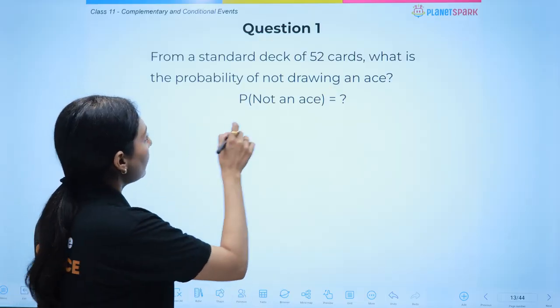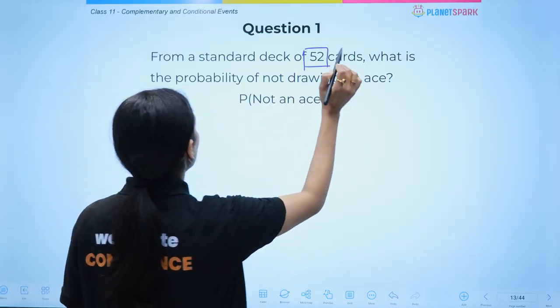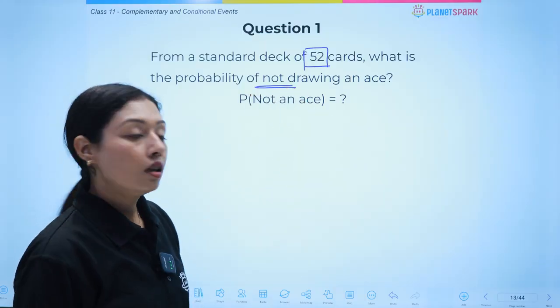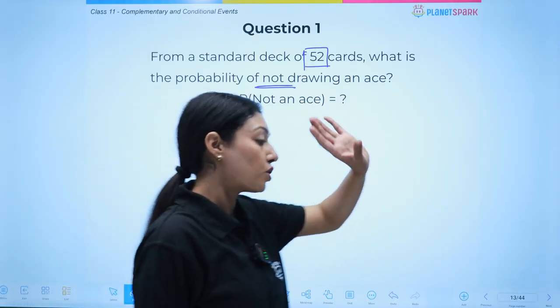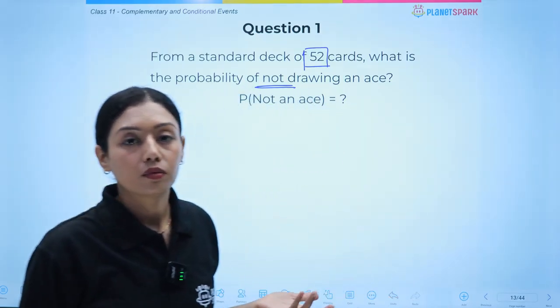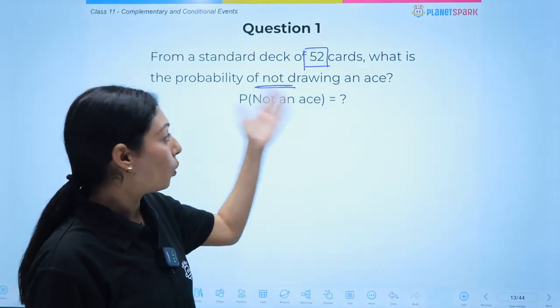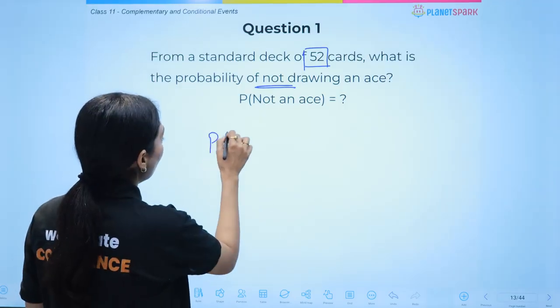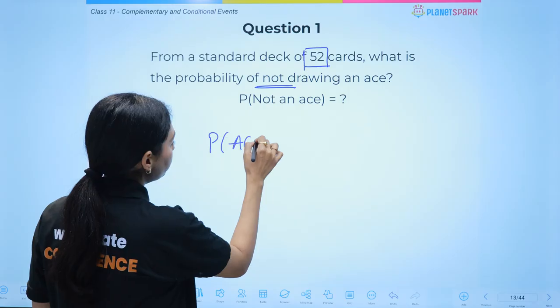First one, for a standard deck of 52 cards, what is the probability of not drawing an ace? So we have to consider all the cards that are not aces. What would be easier to consider? Ace, and then the complement of that event, right? So let's find the probability of getting an ace first.